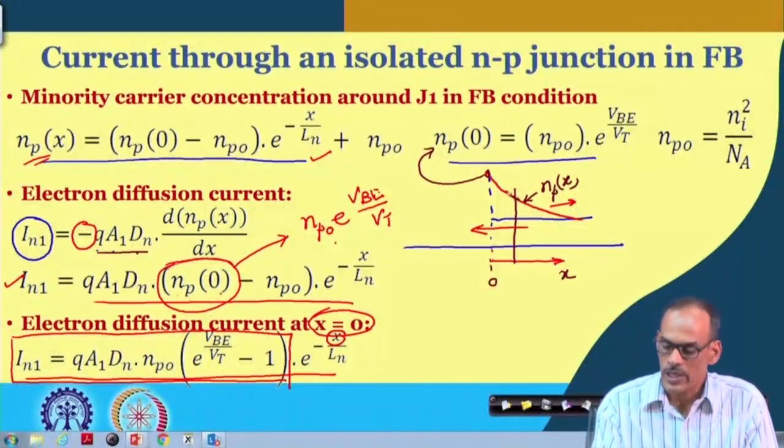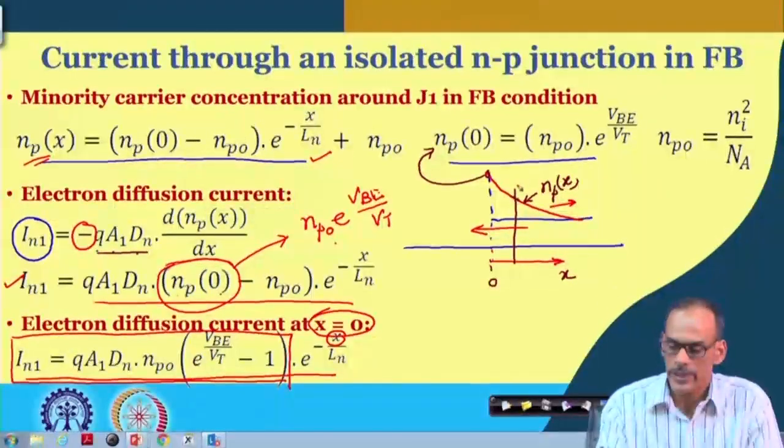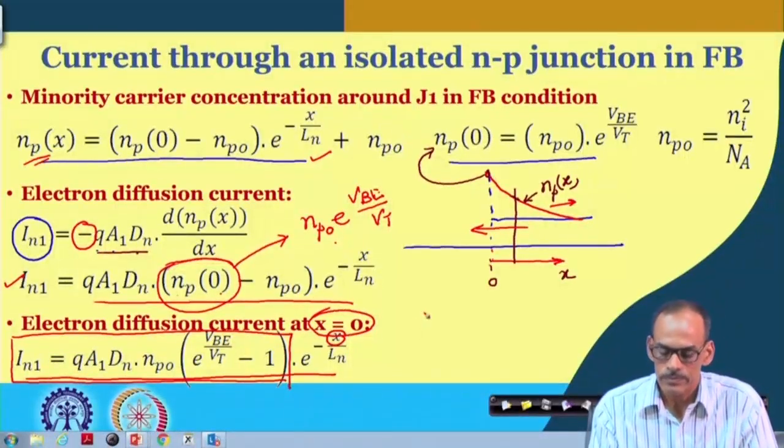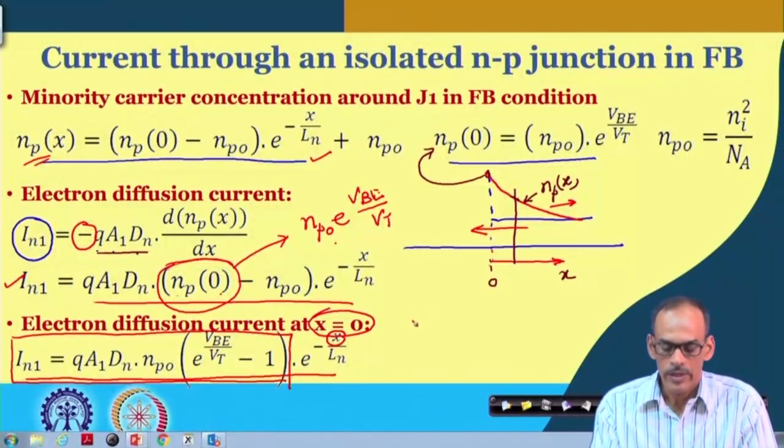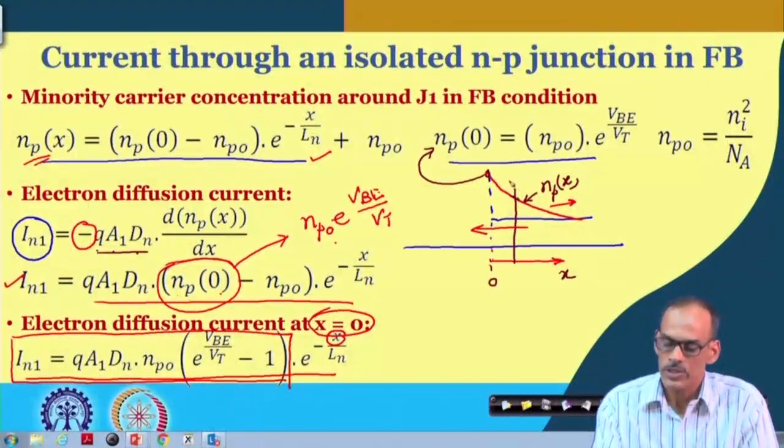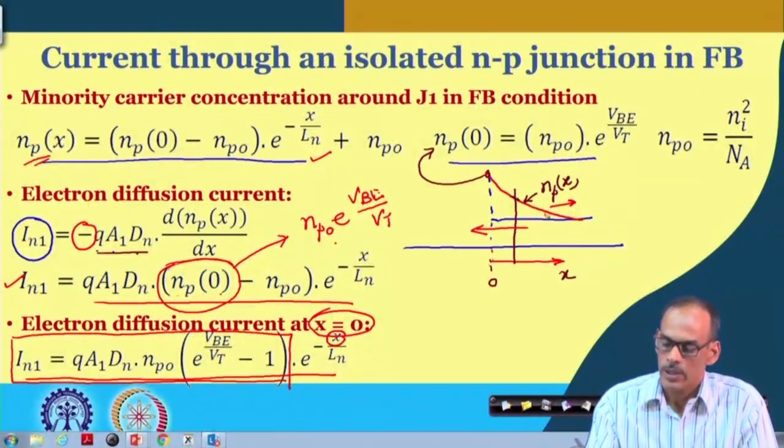Of course, as I said, as you move away from this point x equal to 0, the current will be partially carried by holes, the majority carrier. It may be noted that this exponential fall is valid only if I assume that recombination is primarily dependent on the minority carrier.